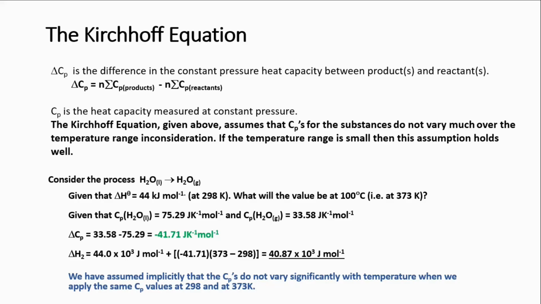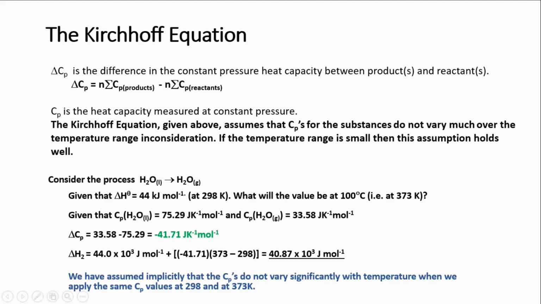Now we can substitute the change in heat capacity value into Kirchhoff's equation, as well as the old enthalpy value, which is the enthalpy value at 298 Kelvin, which is 44 kilojoules per mole.